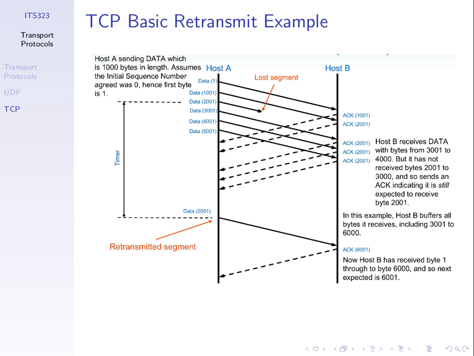So here's an example where host A has, in this case, six data segments to send to host B. Let's keep track of what's sent and received.